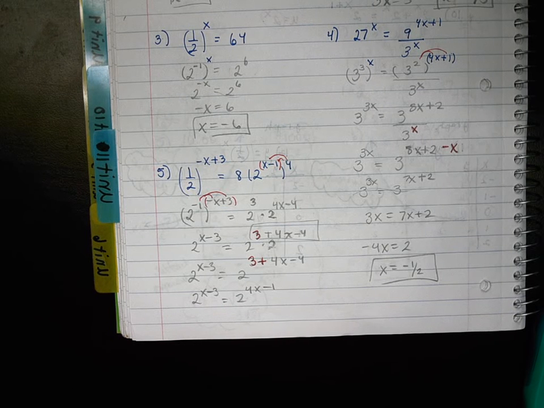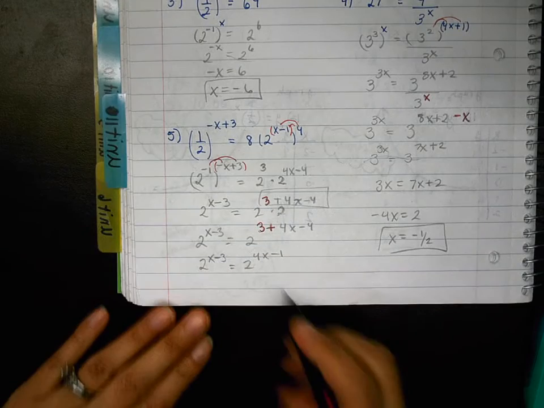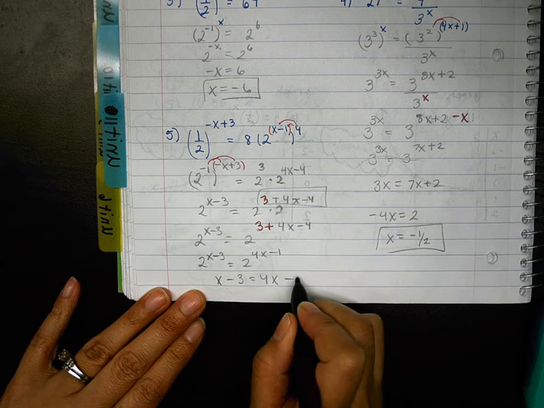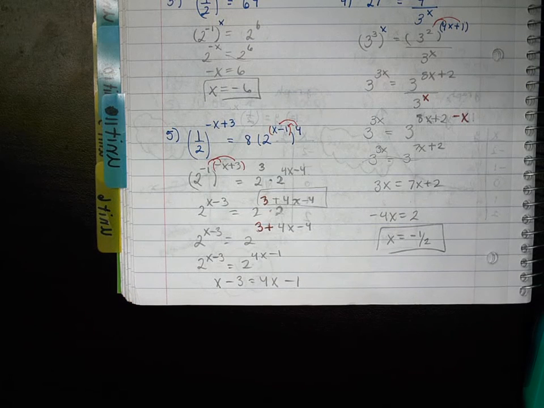Now that the bases are the same, you're ready to drop and do x minus 3 equals 4x minus 1. Subtract, divide, you end up with a negative fraction answer.